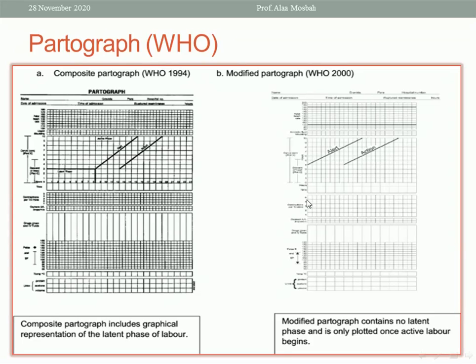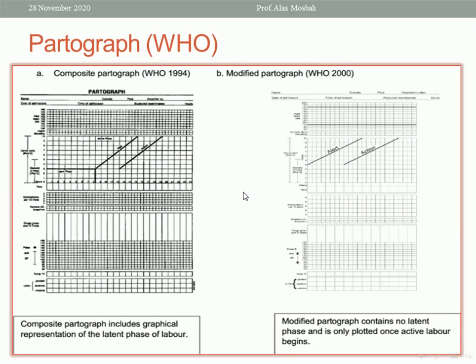Okay, so let us see the difference from this picture. In the old one, there is a latent phase here, 8 hours, while in the modified Partograph, the latent phase is not present at all. So this Partograph starts with the active phase immediately.